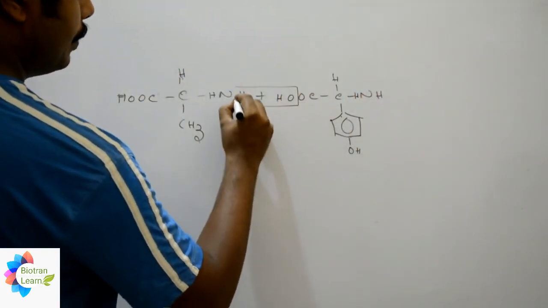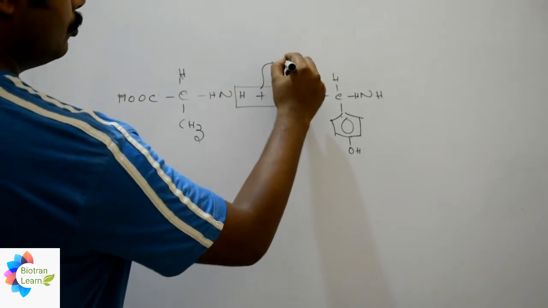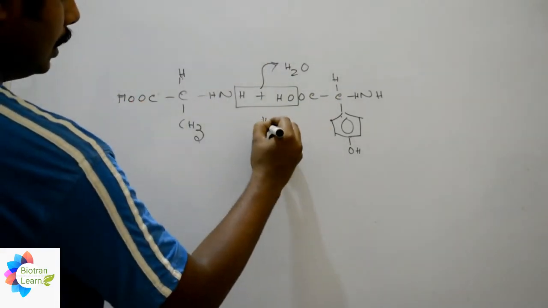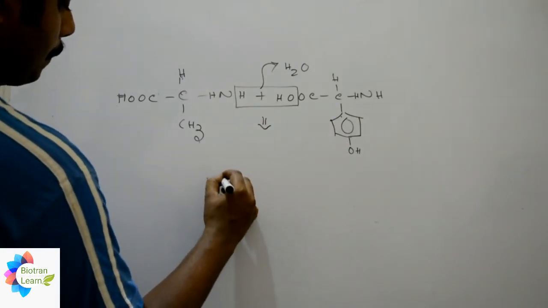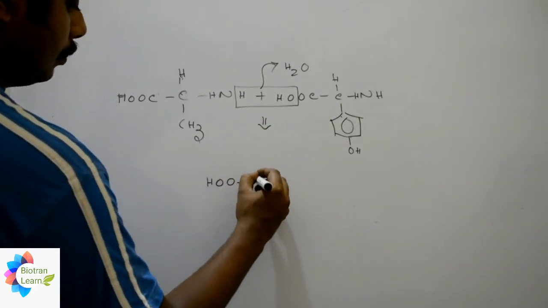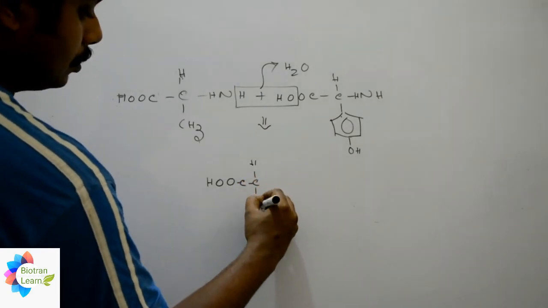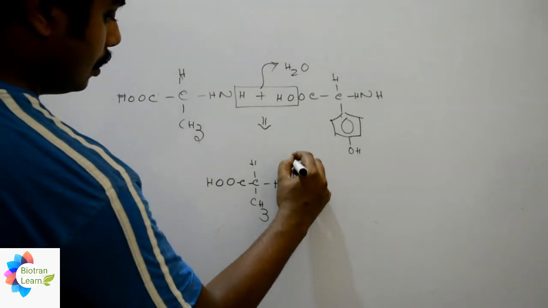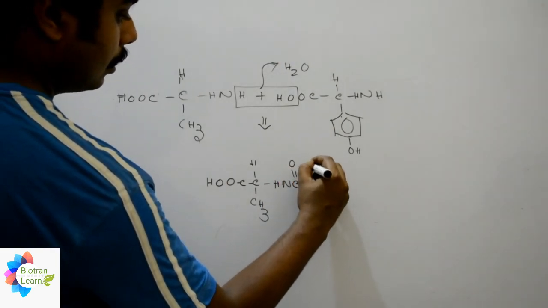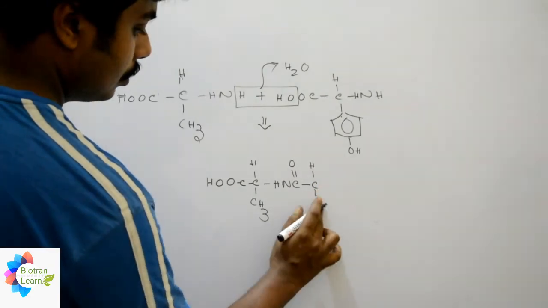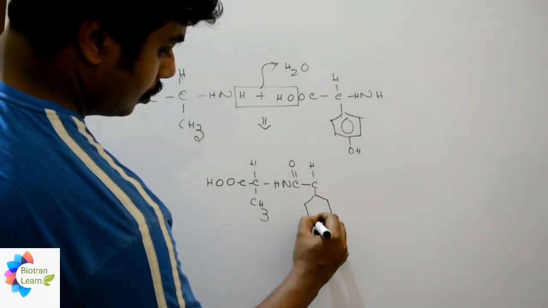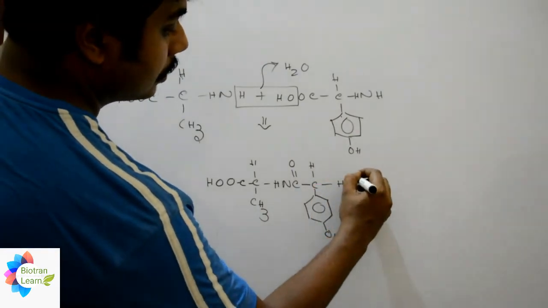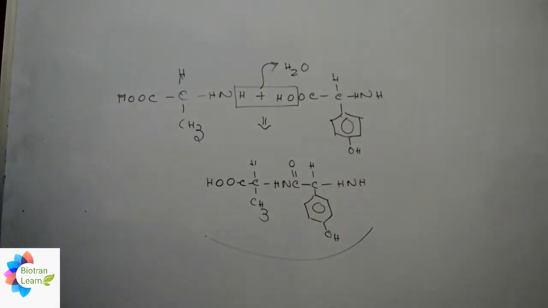This will show a peptidation reaction which will release H2O, and afterwards the resultant would be CH3, then NH, C double bond O, and the whole peptide formation will take place in this way.